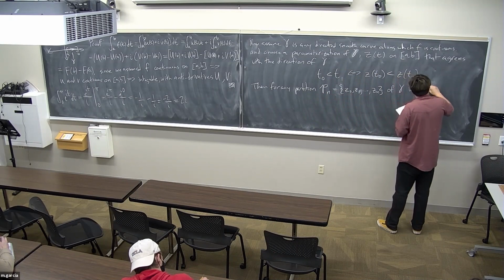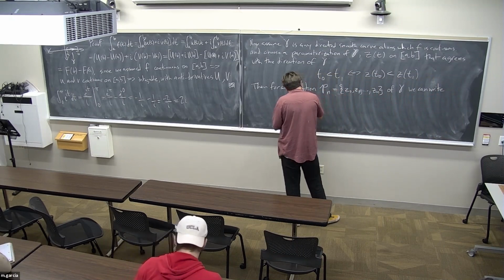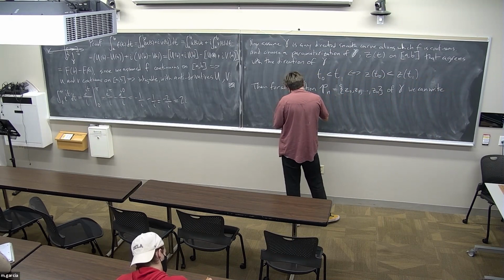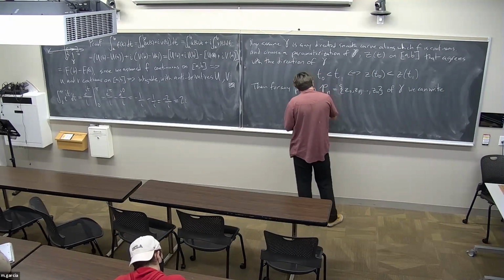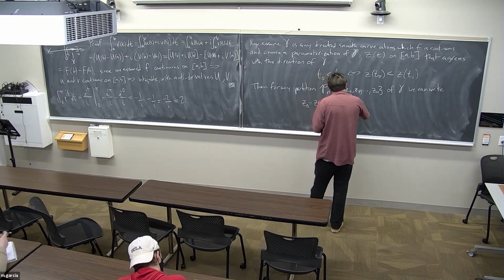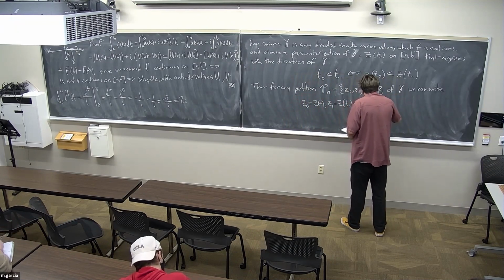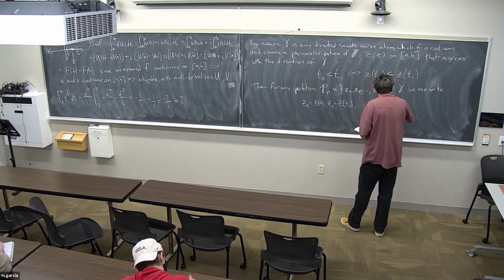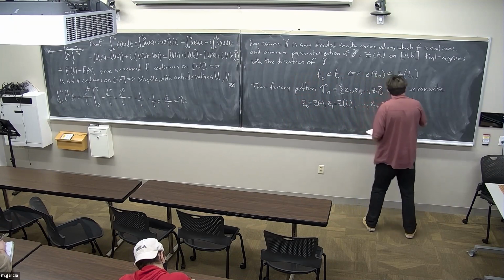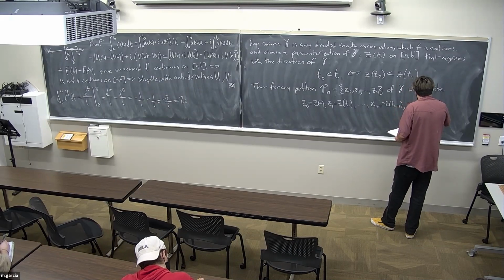We can write z naught is equal to z of a, z1 is z of t1 for some t1 in our domain of parameterization, z sub n minus 1 is equal to z of t sub n minus 1, and z n is equal to z of b.